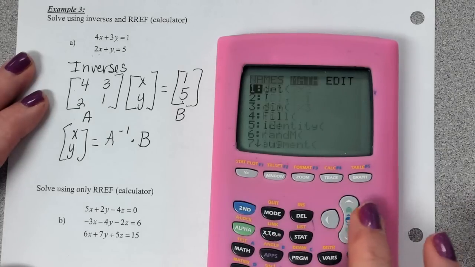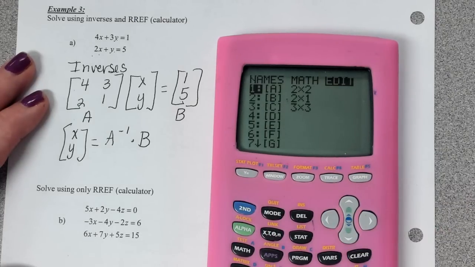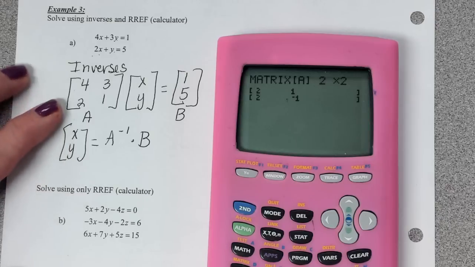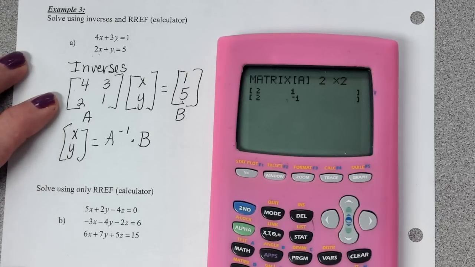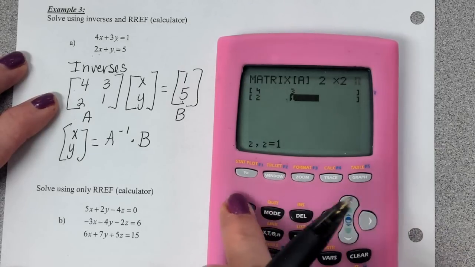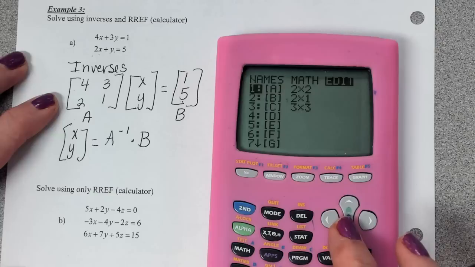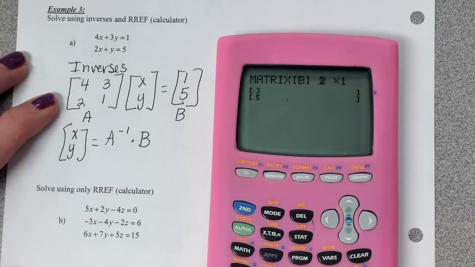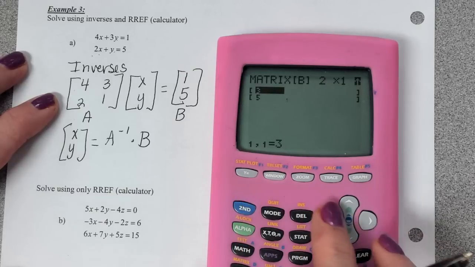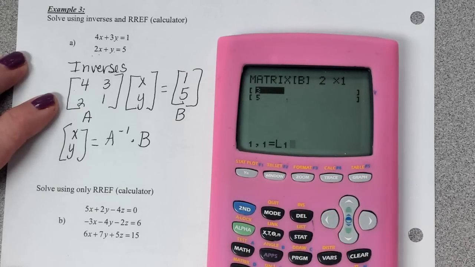Go to matrix, over to edit. We have a 2 by 2 for matrix A. 4, 3, 2, 1. Quit. Go back to matrix, over to edit, B. It's a 2 by 1.